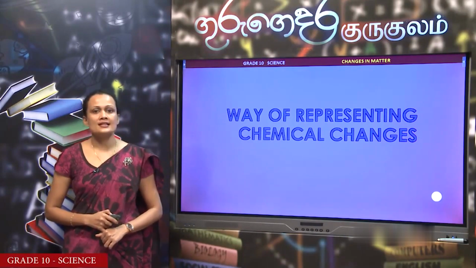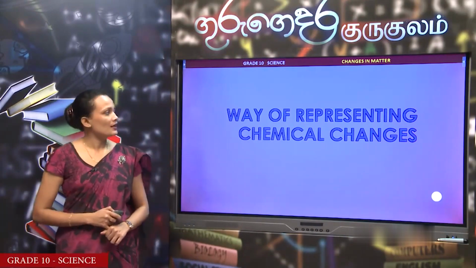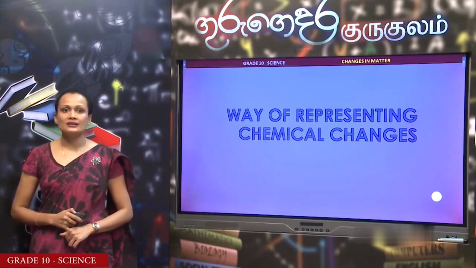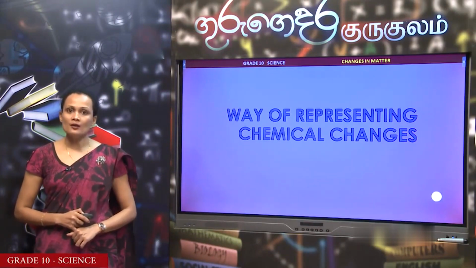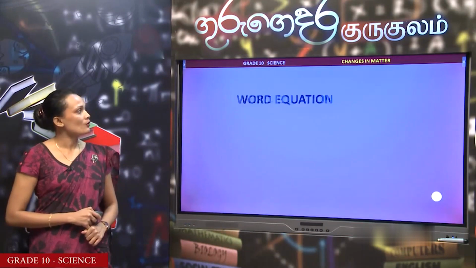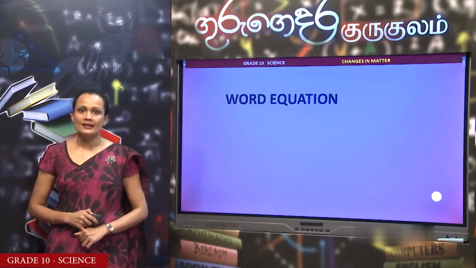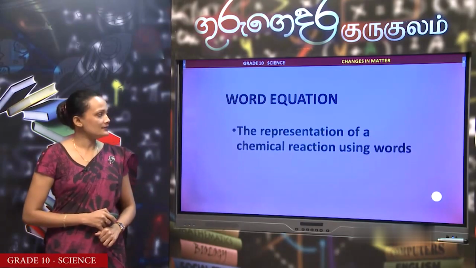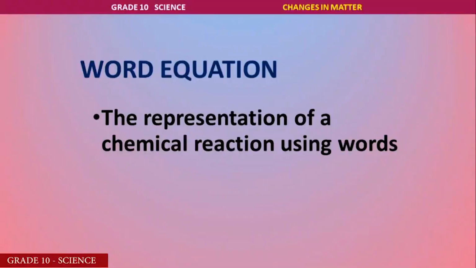Now I am going to discuss the ways of representing the chemical changes. One way of representing a chemical change is using a word equation. That means the reactants and products are represented by using words. Here, the representation of a chemical reaction using words.